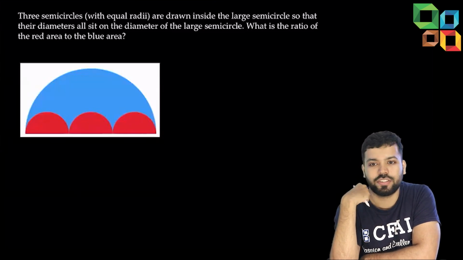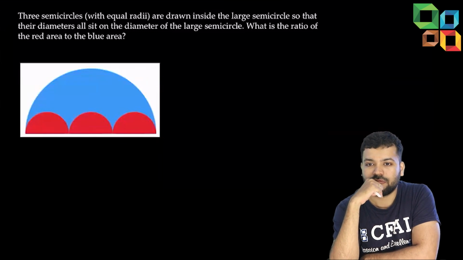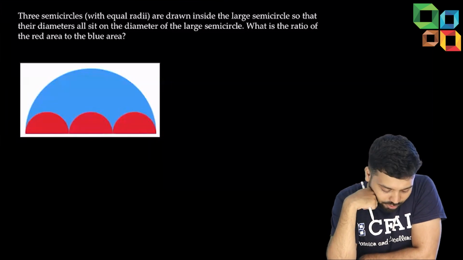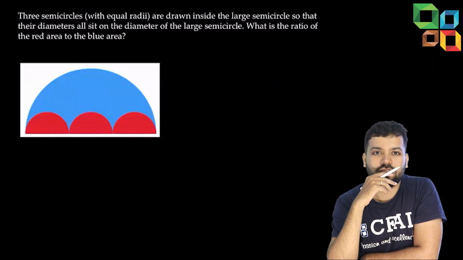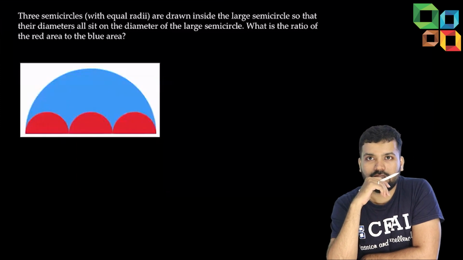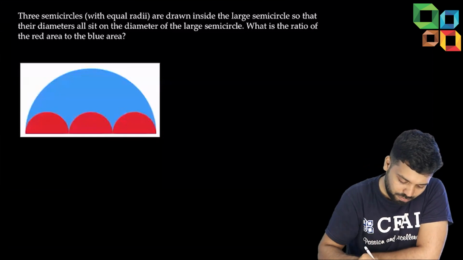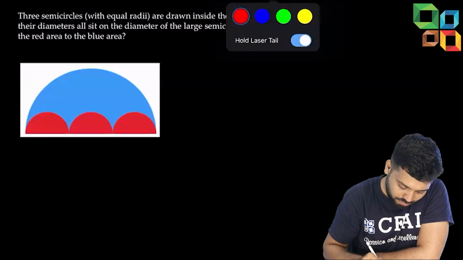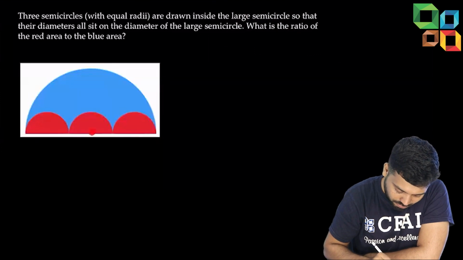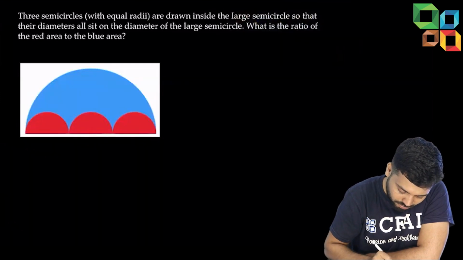Any other answers, students? Muralidhar, can you explain why it is 1 by 2? Sir, I took, without loss of generality, the diameter of the bigger circle as 3. So the diameters of the smaller circles will be 1, 1, 1.